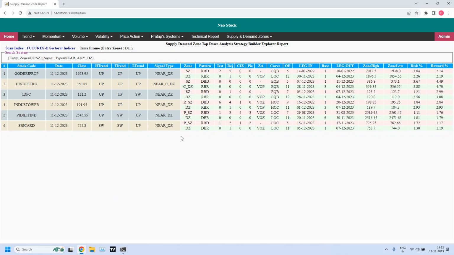Are there any high liquidity zones? We have Hindustan Petroleum. But remember, C_DZ on the daily time frame has less priority compared to S_DZ. So analyze this C_DZ properly and see the price structure inside this zone at lower time frames. If everything is proper, then you can accept the trade.